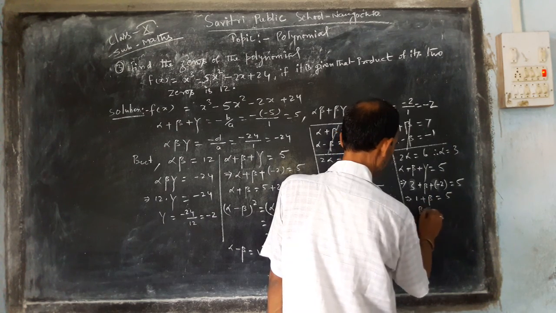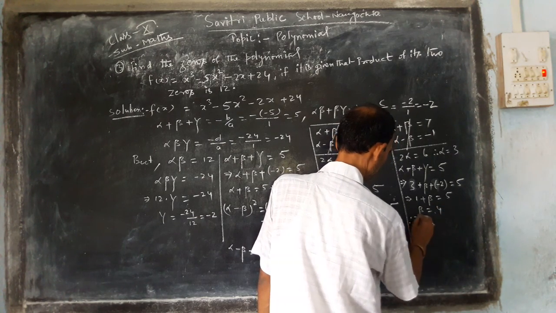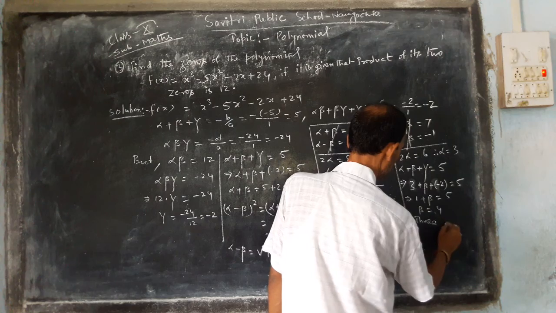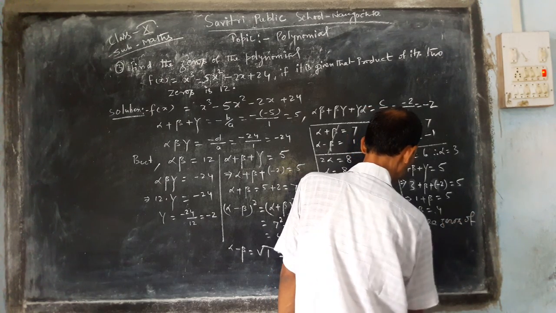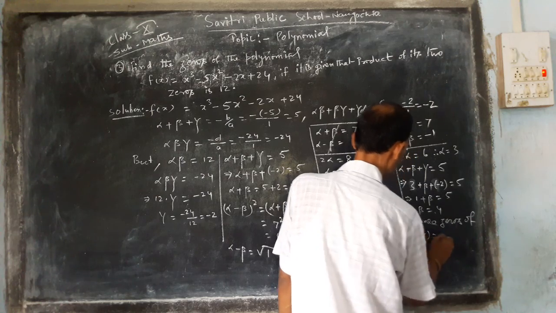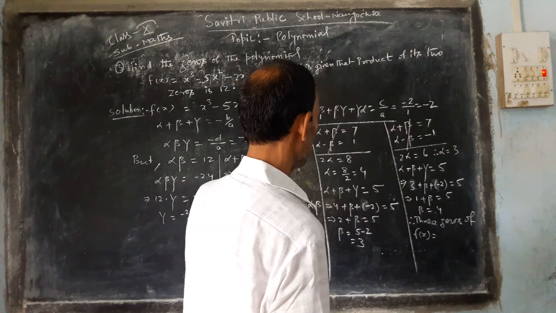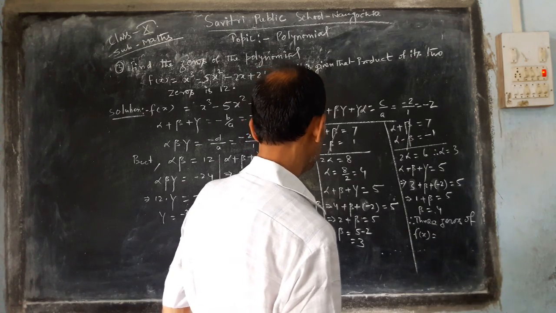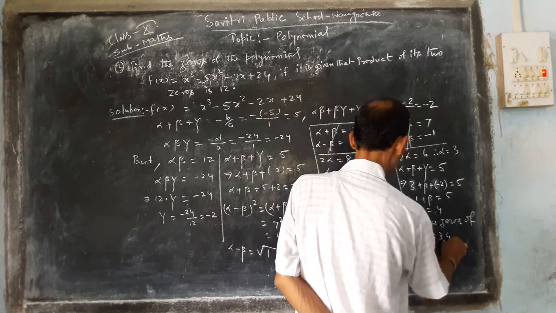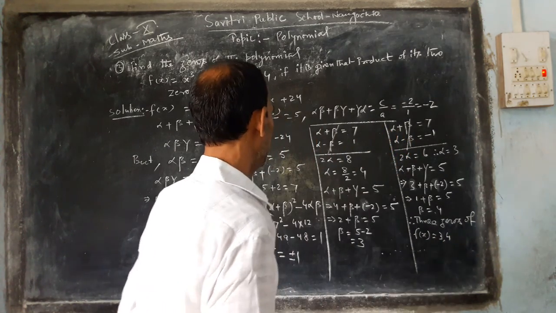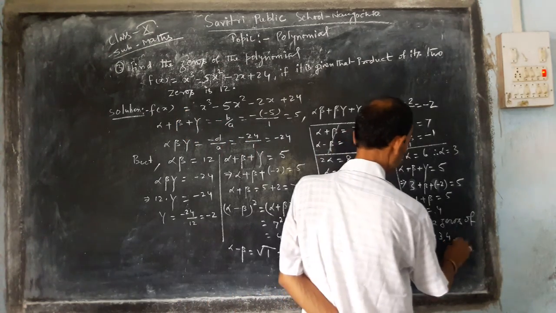So 1 + β = 5, so β = 4. Therefore the zeros of f(x) are 3, 4 and −2.